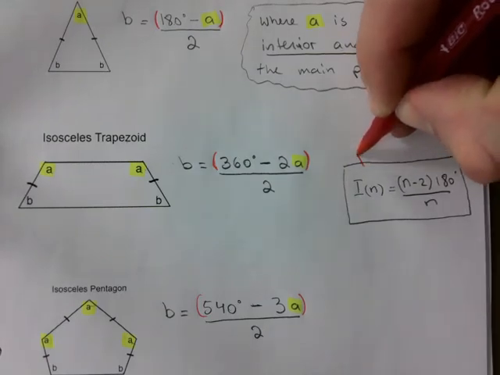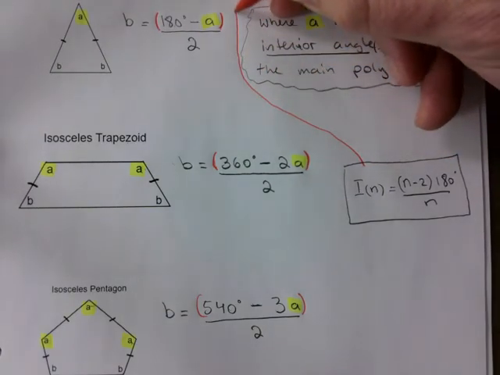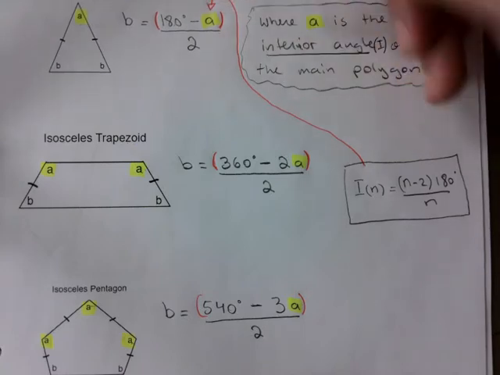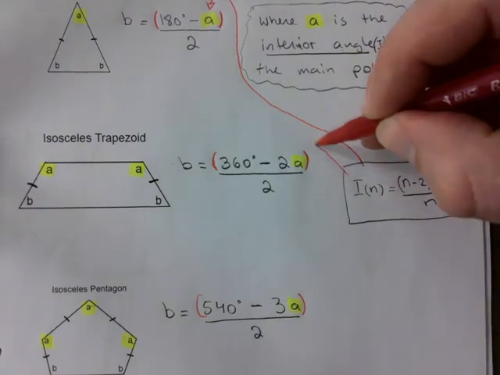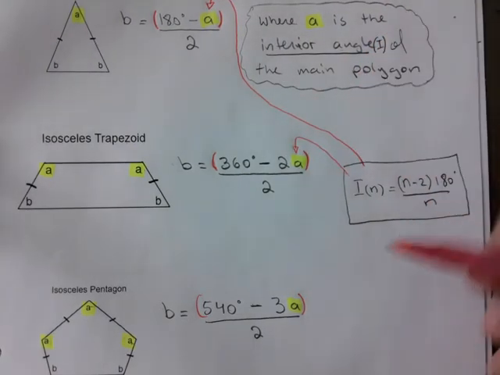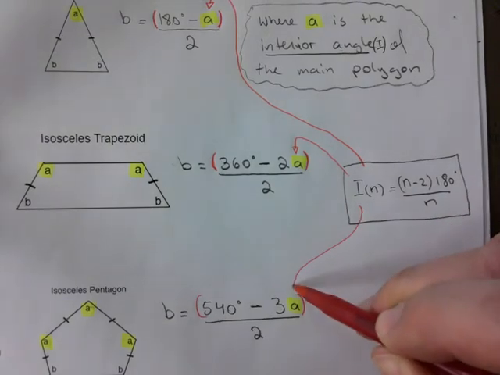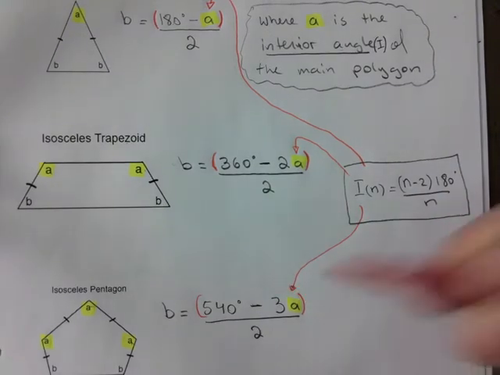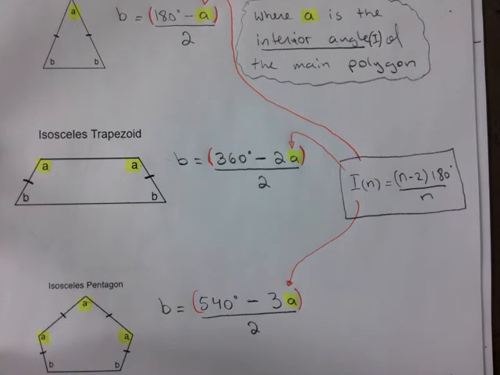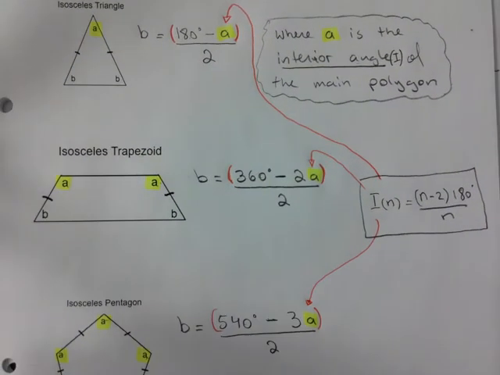So this one goes in there, goes in there, and it goes in there. So that is the interior angle of that big outside polygon that everything is inside of.